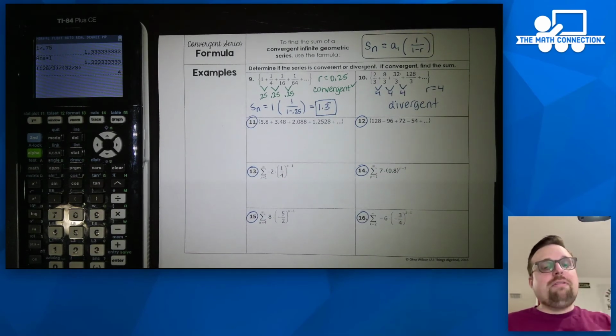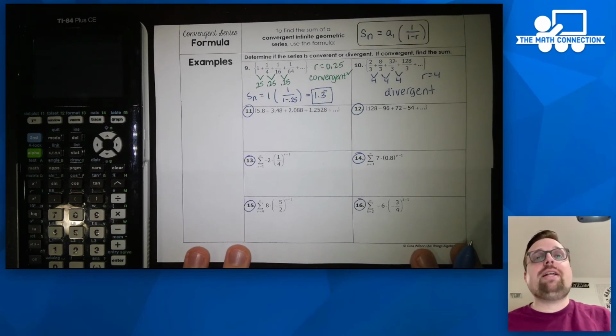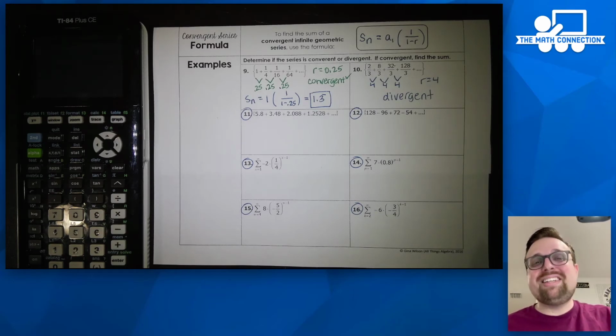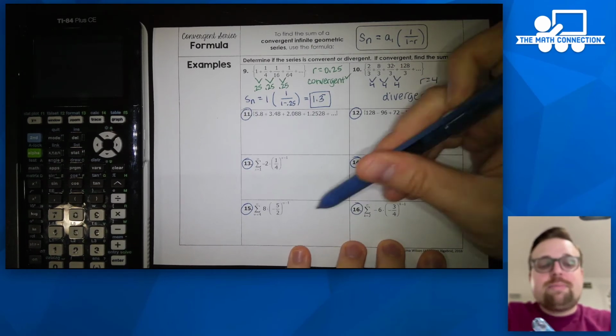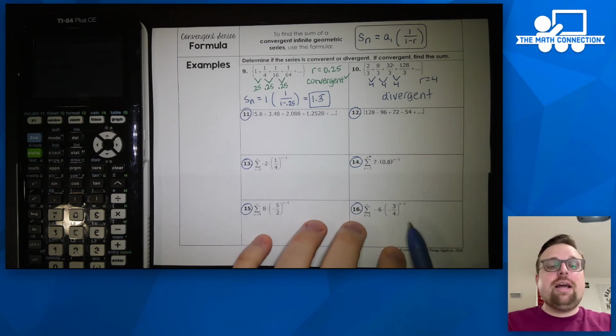And before I leave you, I do want to talk a little bit about the ones at the bottom here that have sigma notation. So something that's different about these that you have not seen before is that the value on top of the sigma on all of these problems is an infinity symbol. So that is your clue that this is an infinite geometric series. Okay.